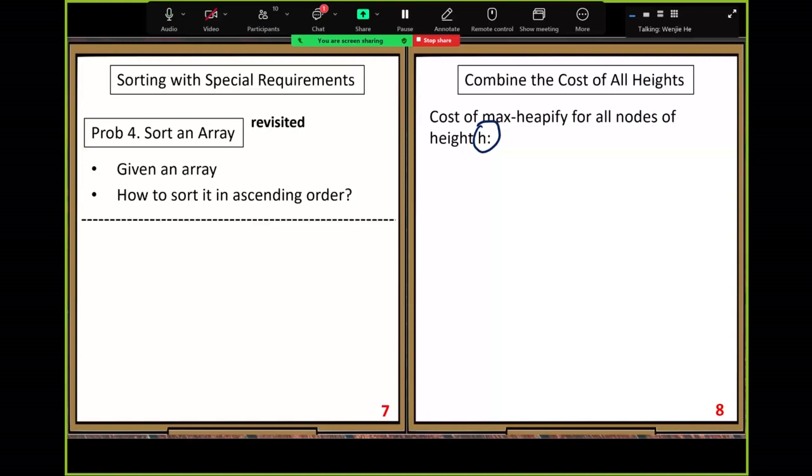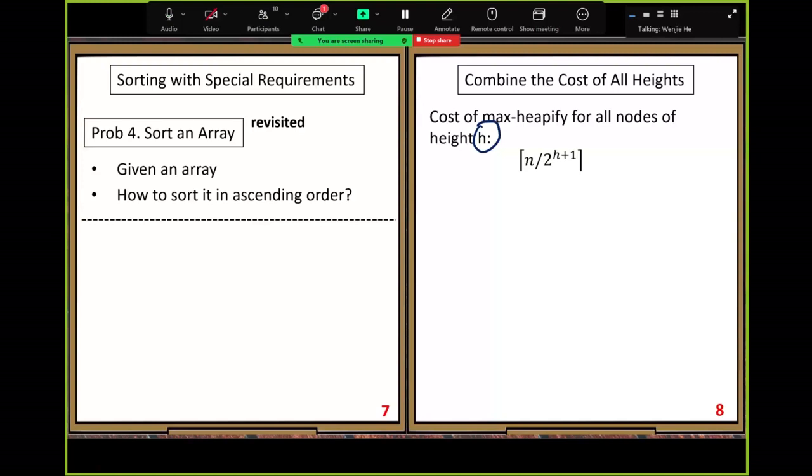That's the first step, only on one height number. Next, we accumulate all heights, the cost from all heights.